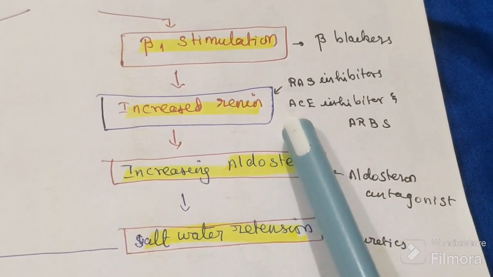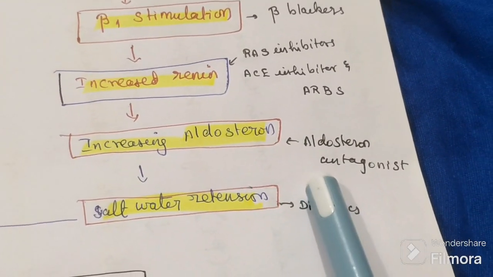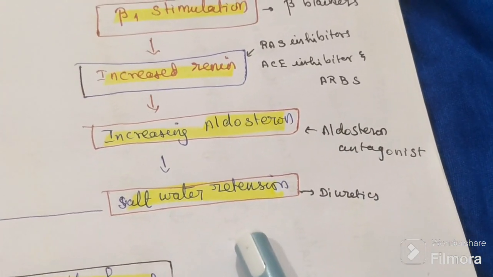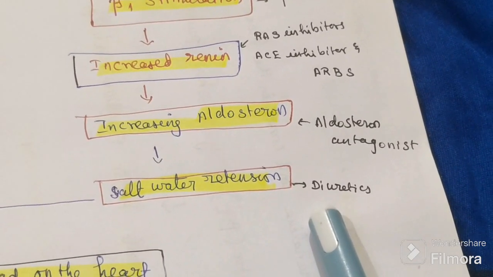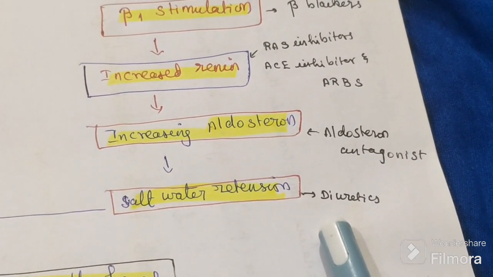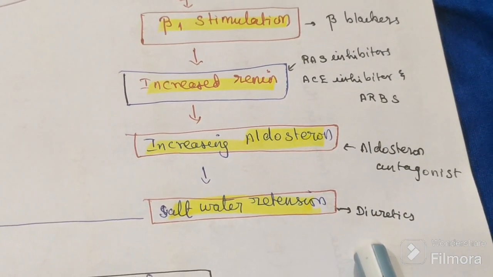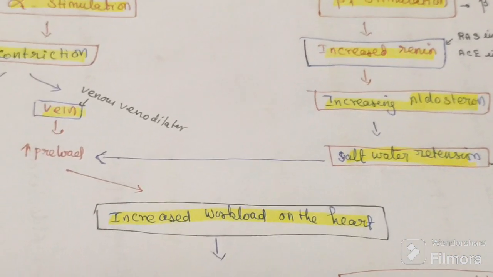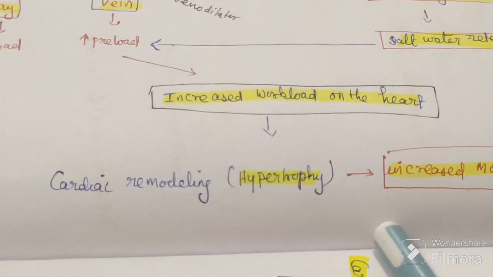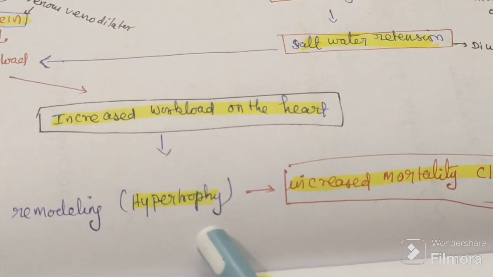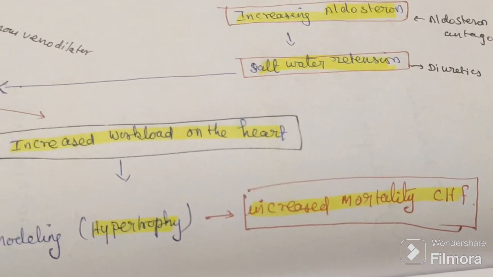Increasing renin, we give ACE inhibitor or ARB. Then aldosterone, aldosterone antagonist. Then water and sodium retention, we give diuretic because our heart cannot pump 5 liters only, but here it will increase to 6 to 7, so we want to remove extra fluids. So these are the drugs. Increasing overload of the heart causes cardiac remodeling, hypertrophy will occur, increasing mortality of chronic heart failure.